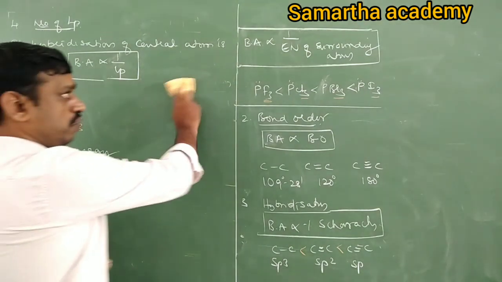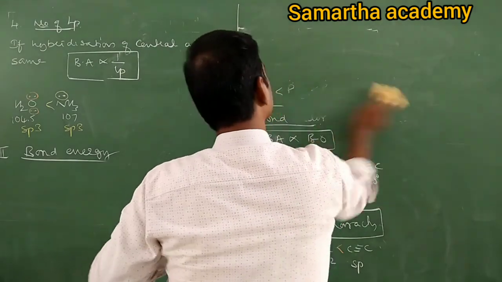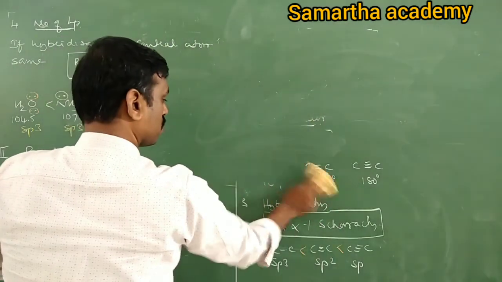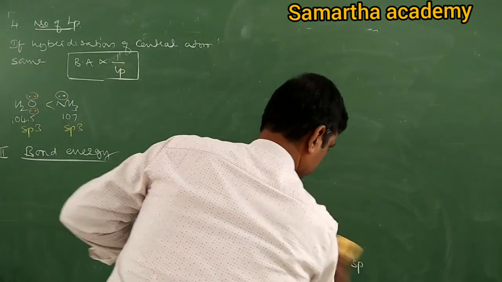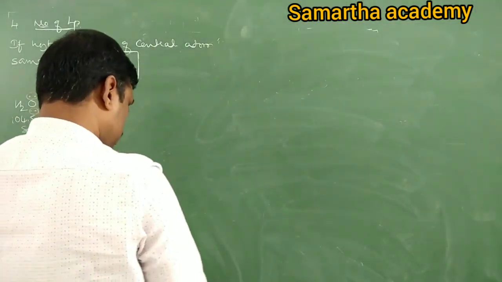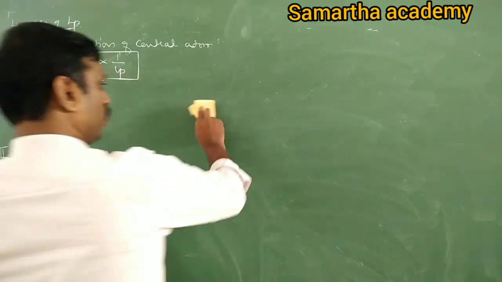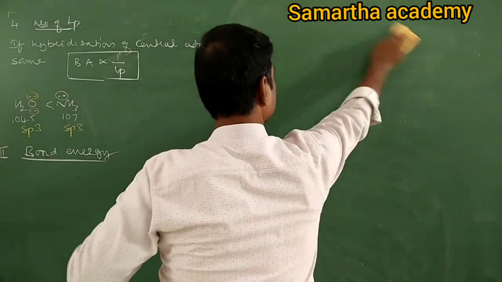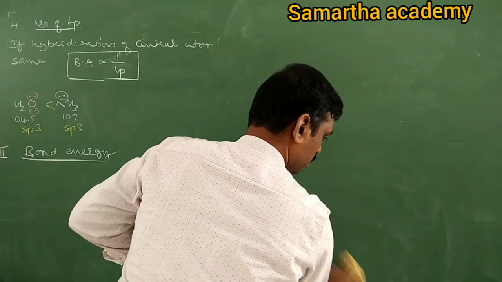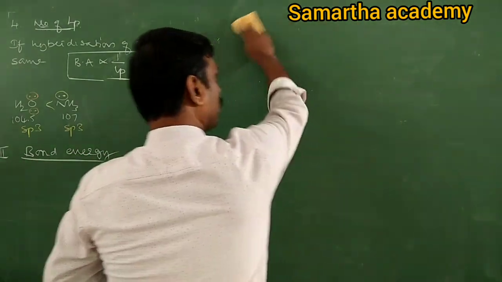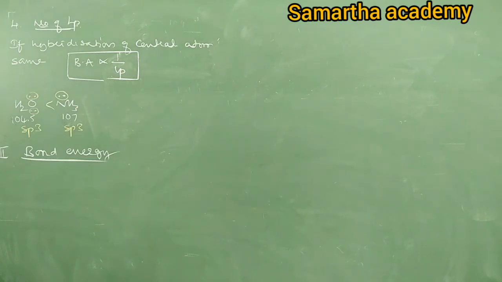The amount of energy required to break the bond in 1 mole of gaseous substance is called bond energy or bond dissociation energy.